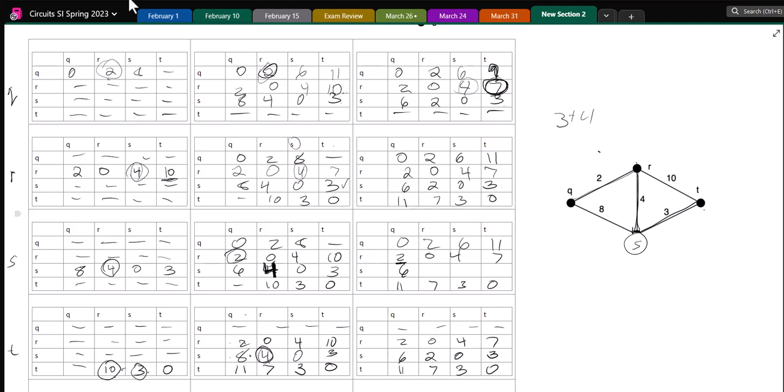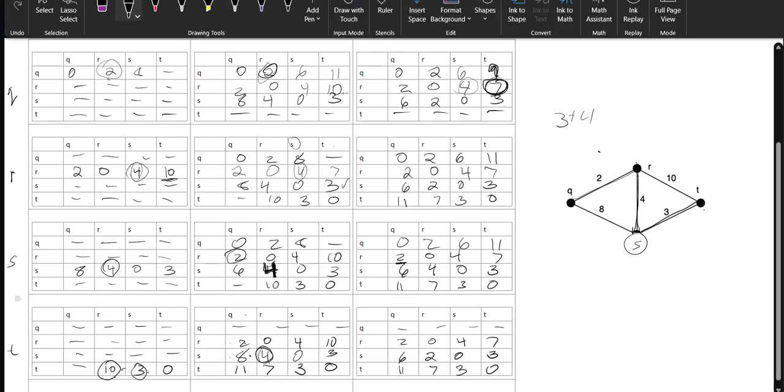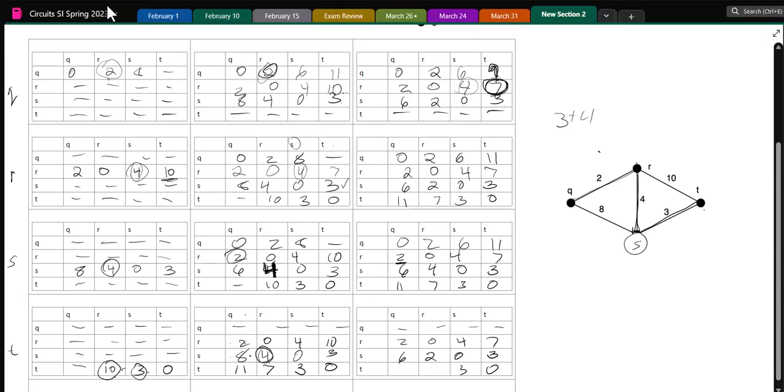Let's see, is there any way this is going to be less than 4? I don't see any way. 0, not possible to be less than 3. And I don't know how I filled this in already. I should not have. This was a disaster. But I don't want to go back and do it.